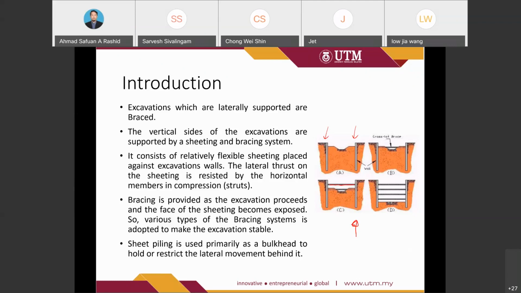This is the front view of the strut. When we look at the side view, there is a wheel which is put on the strut.